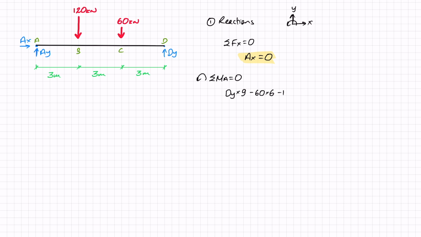And I've got the 120 also contributing a negative moment times a distance of 3. And that equals 0. If I sum this up and isolate DY, I'll find that 9 DY equals 720, and therefore DY equals 80 kilonewtons.